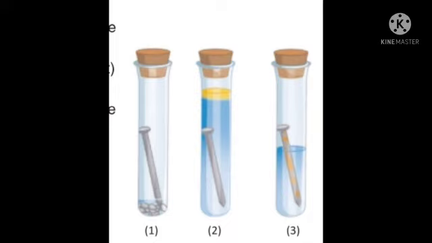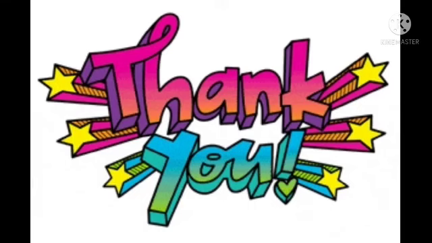The layer present on that iron nail is called rust, and that process is called rusting. The equation becomes iron plus oxygen plus water gives iron oxide: Fe plus O2 plus H2O gives Fe2O3 into XH2O. So this much we have learned today. Learn what a chemical change is.